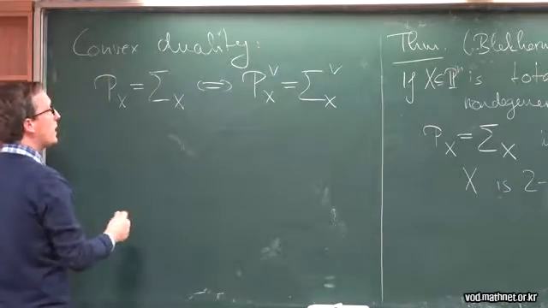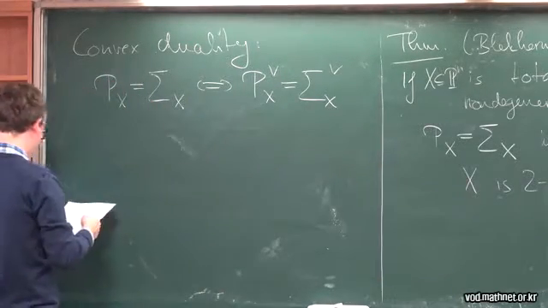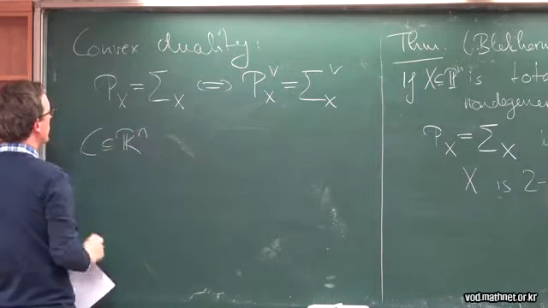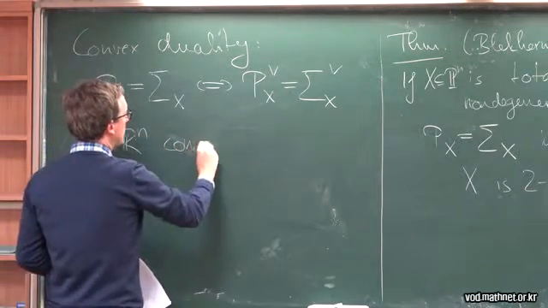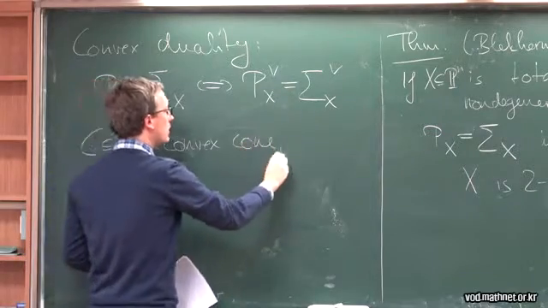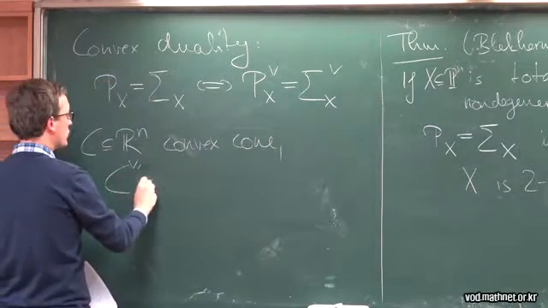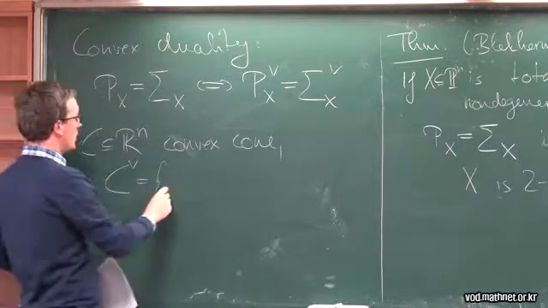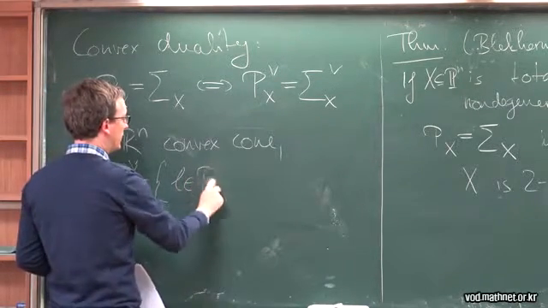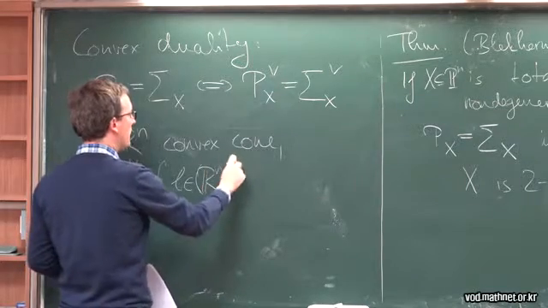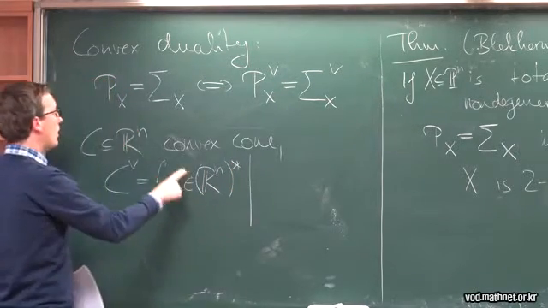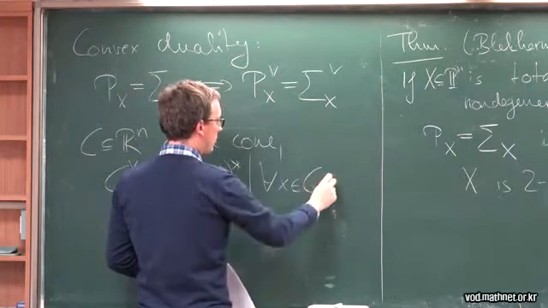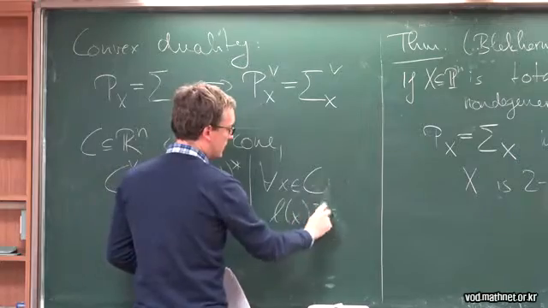Okay, so what are these? Well, by definition, let's just write it down once. If you have a convex cone in some Euclidean space, then its dual is the set of all supporting hyperplanes. Formally, you take all linear functionals on Rn that contain the cone in one of their half spaces.